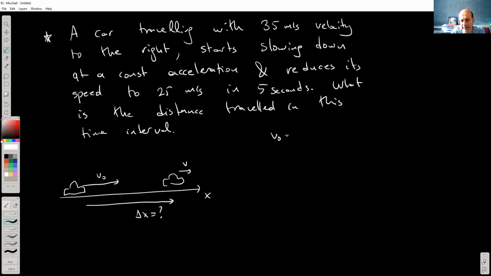So v0 is given. So that's plus 35 meters per second. Final velocity is given, that's 25 meters per second, again positive. The time is given, 5 seconds, and what's delta x? 150 meters, all right, yeah.